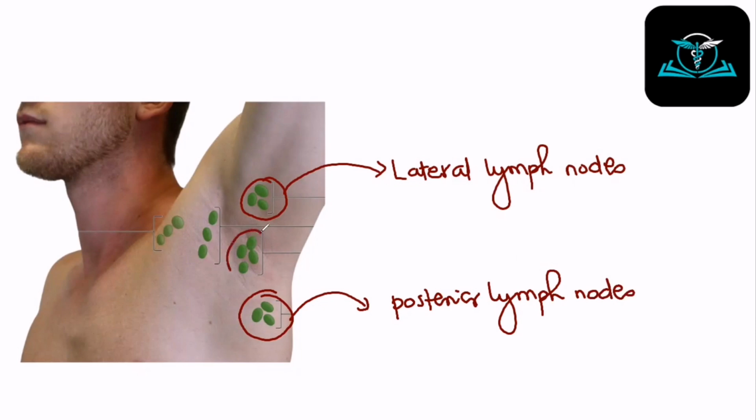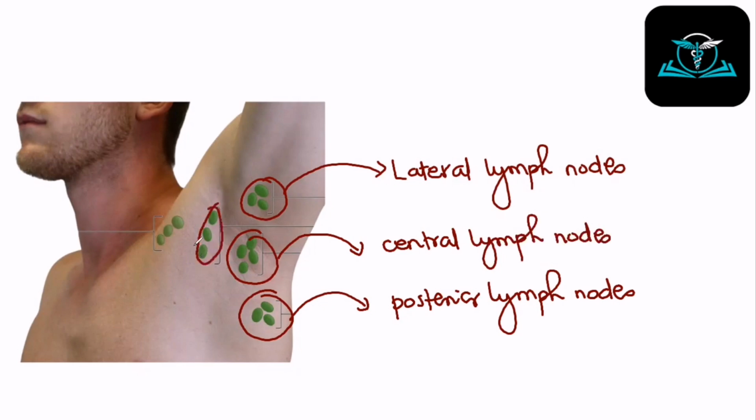Then this is the central lymph node. Then we have this group closely related to the pectoralis major. That is the anterior lymph nodes.